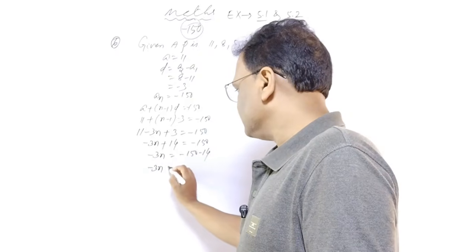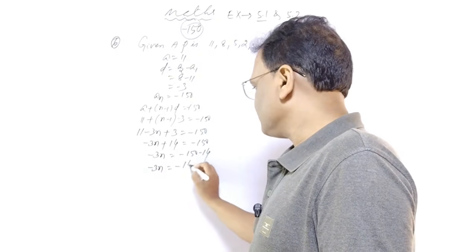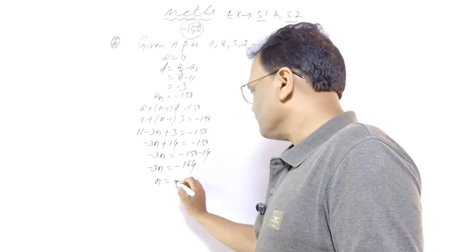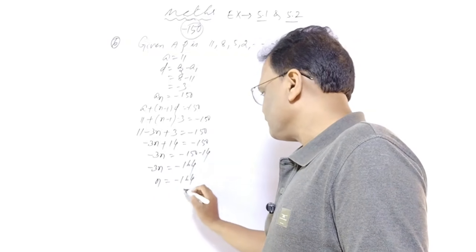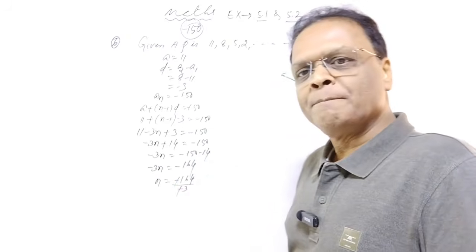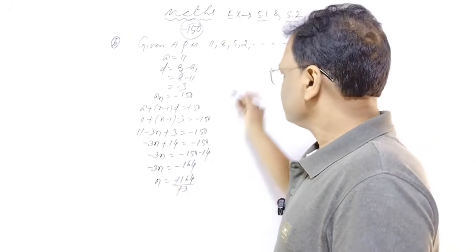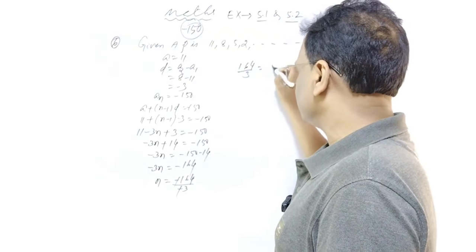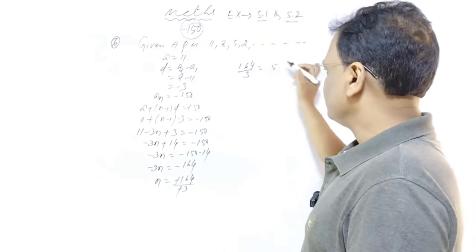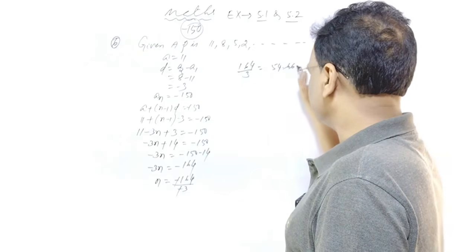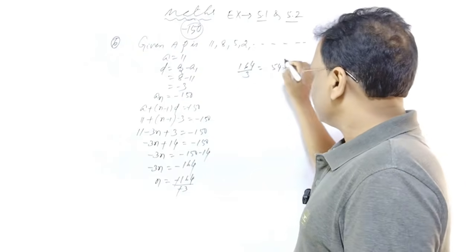Or minus 3n is equal to minus 164. Or n is equal to minus 164 divided by minus 3. Minus minus cancel. What am I getting? 164 divided by 3. 3 fives are 15, 3 fours are 12, 20, 3 sixes are 18, and so on.